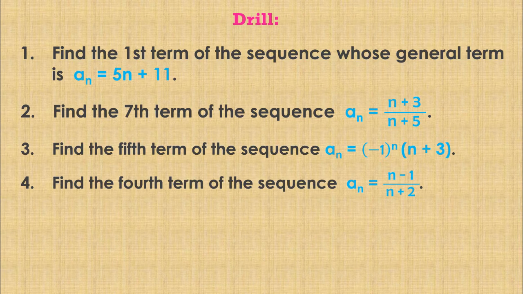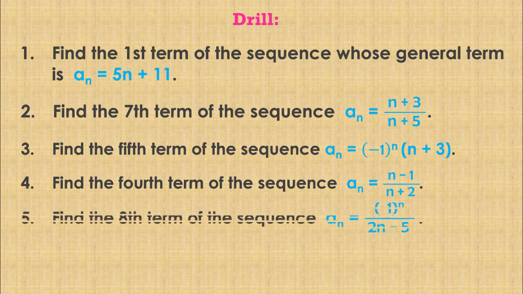Find the fourth term of the sequence a sub n equals (n minus 1) all over (n plus 2). And number 5, find the eighth term of the sequence a sub n equals negative 1 raised to n all over 2n minus 5.